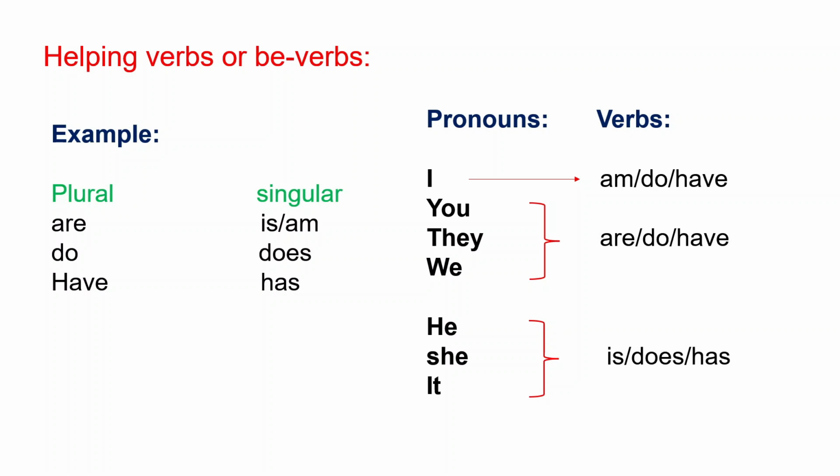I take the verbs am, do, have, while you, they, we take the verbs are, do, have because they are plural. He, she, and it take the verbs is, does, and has.